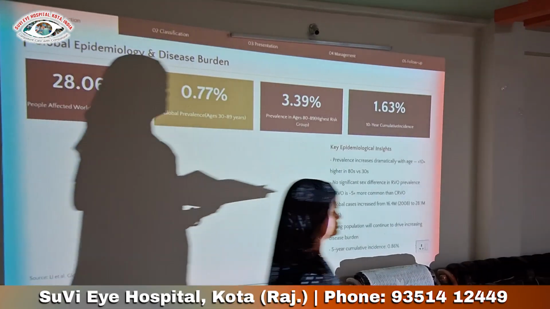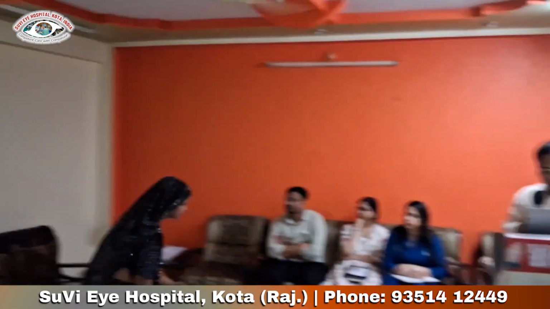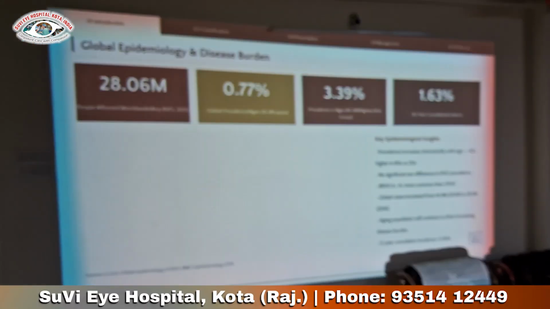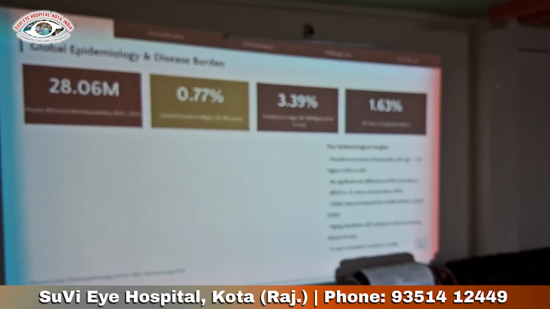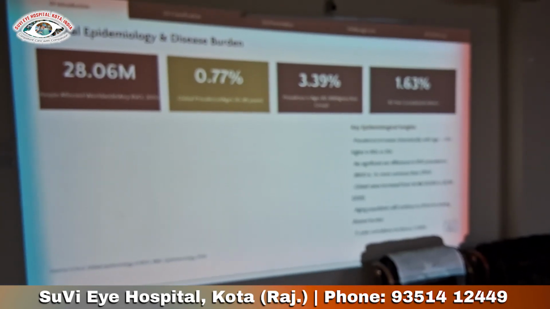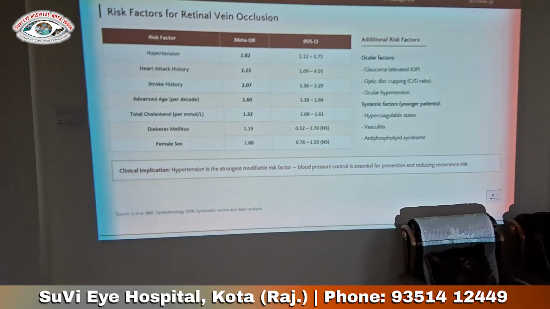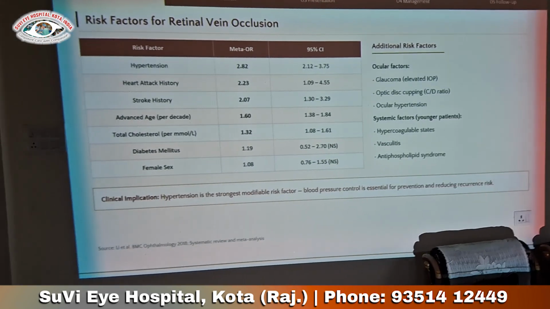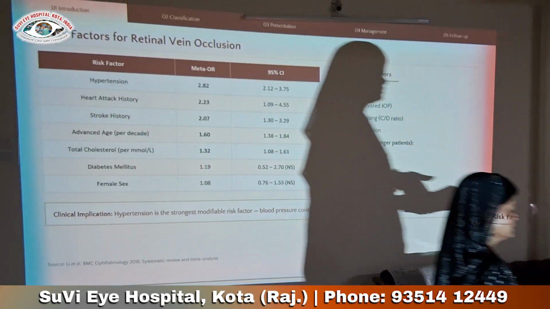Males are affected more than females, and most of the patients present with unilateral disease, and only about 5 to 10% present bilaterally. Coming to the risk factors, hypertension is the most common risk factor.